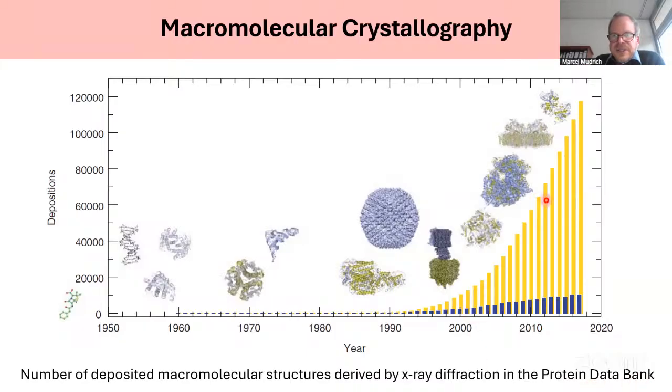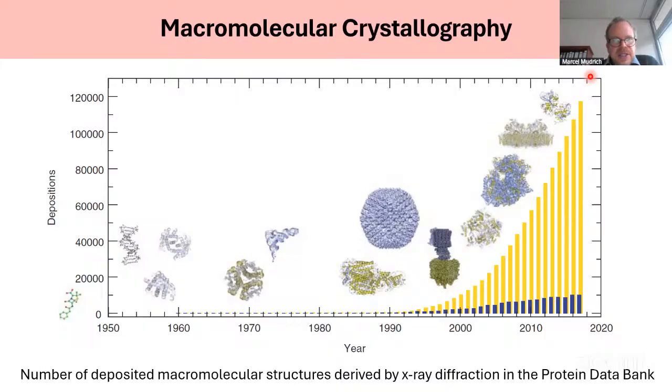And the yellow here shows the number of deposited structures of proteins recorded by X-ray diffraction over the years. And okay, here it goes up to 2017 or so, but for sure this number has been increasing since then until today. So X-ray diffraction of macromolecules is very important.